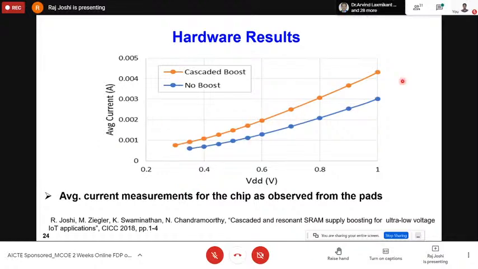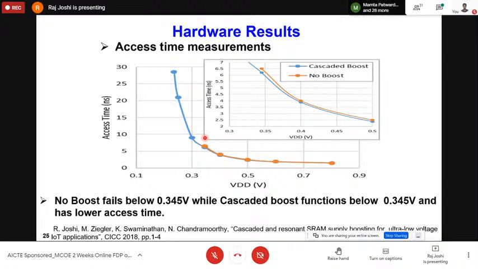So if you use this technique, which I described to you, you can make the chips functional, have good performance at lower voltages, and you can utilize them for IoT applications. Okay, this technique for Internet of Things, you can utilize this. So these are the ideas that can be useful. And then there are many more attributes of this. Access time, that is the performance here.